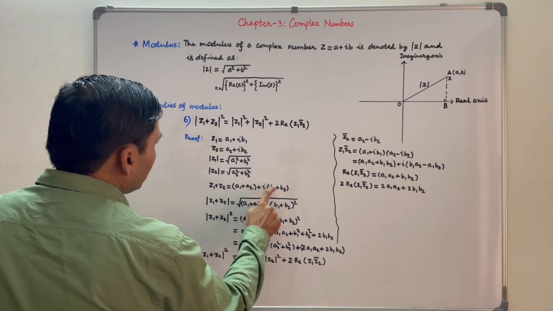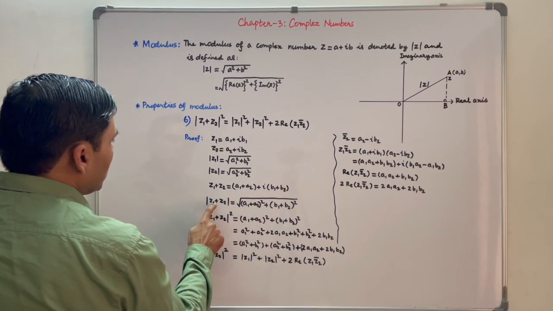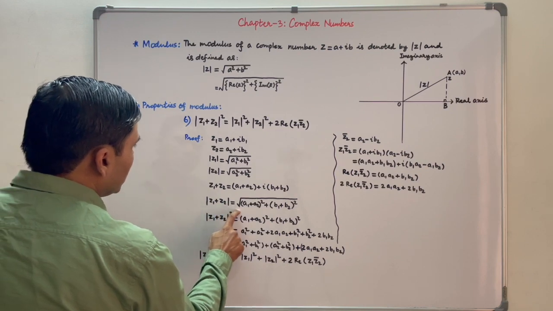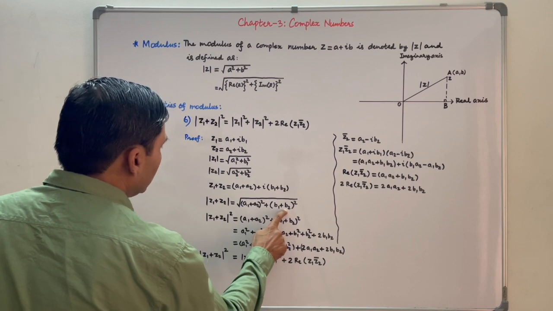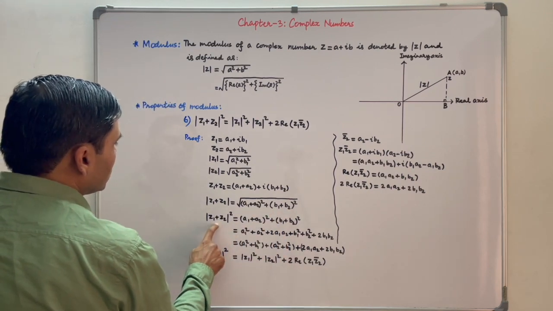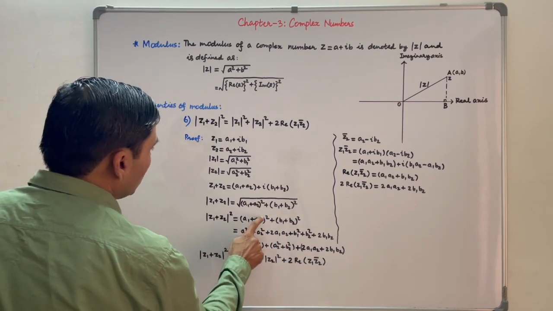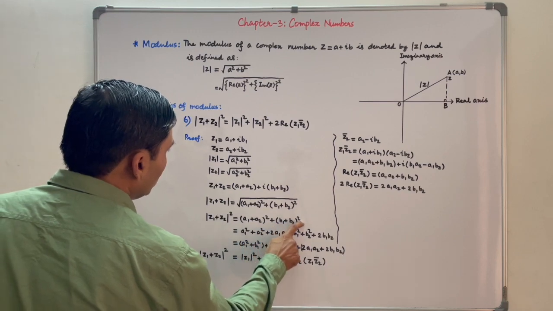Now we will take the mod of this complex number. So |z1 + z2| is equal to √((a1 + a2)² + (b1 + b2)²). |z1 + z2|² is equal to (a1 + a2)² + (b1 + b2)².